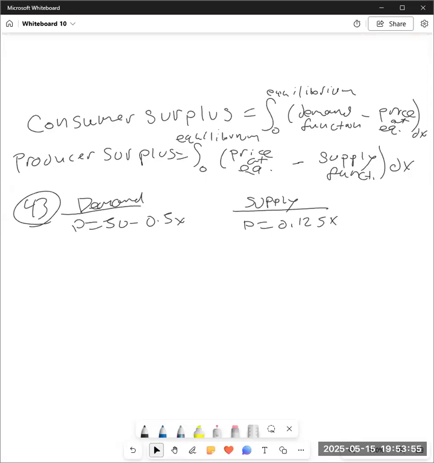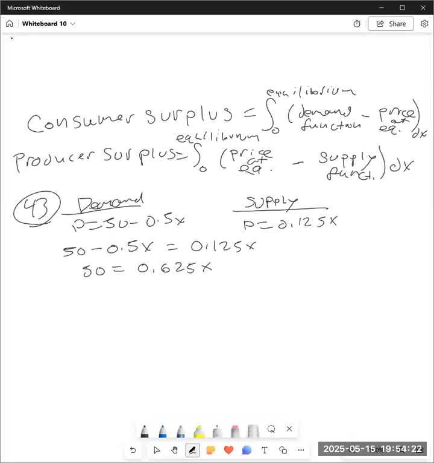So if I set these equal to each other to see at what price this happens, 50 minus 0.5x is equal to 0.125x. 50 is equal to 0.625x.